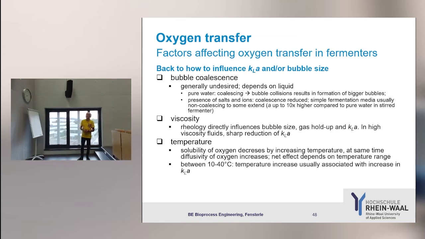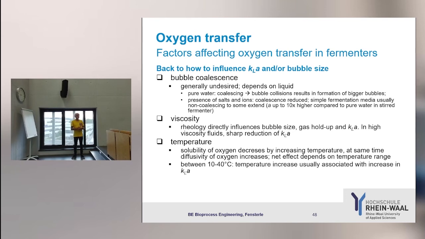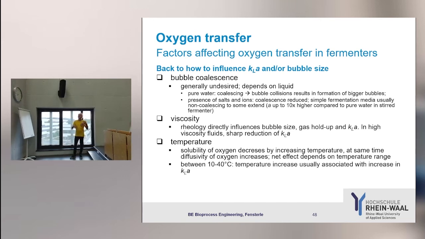Temperature is, of course, an issue. The problem is the solubility of oxygen also decreases with increasing temperature. The diffusion, of course, is faster, but solubility at the same time decreases. So therefore, the net effect depends on the temperature range where you are.